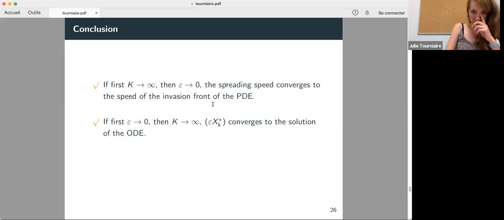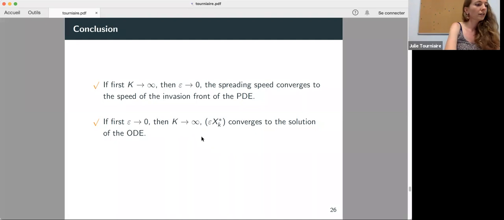And if you invert the 2 limits and you first let epsilon tend to 0 in the individual based model and then you let k tend to plus infinity, you get that the position of the rightmost particle converges to the solution of the ODE.